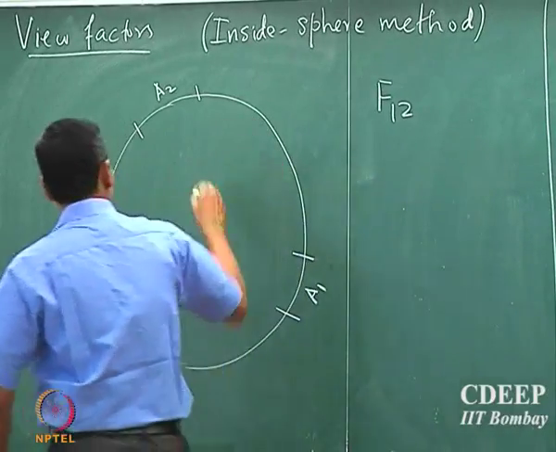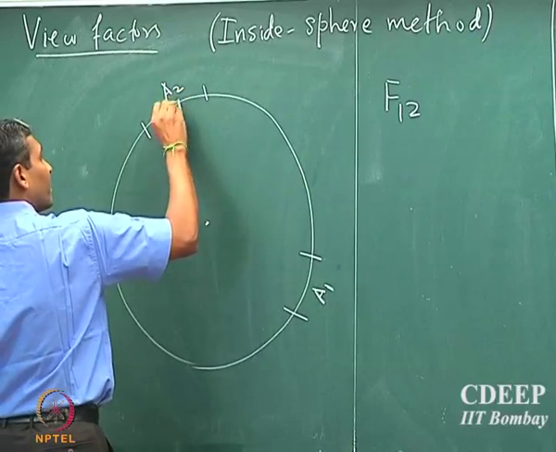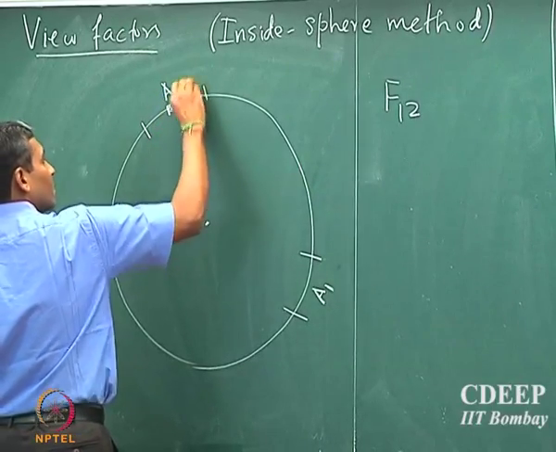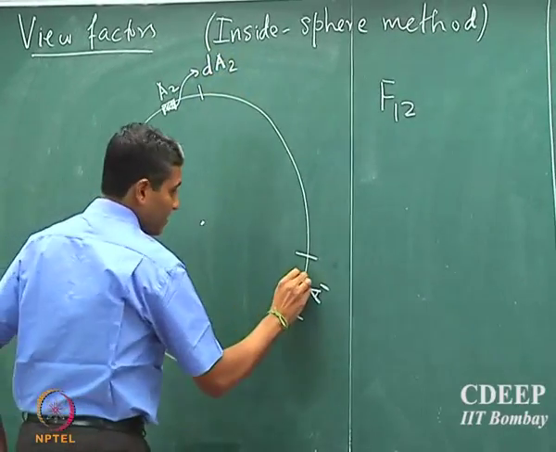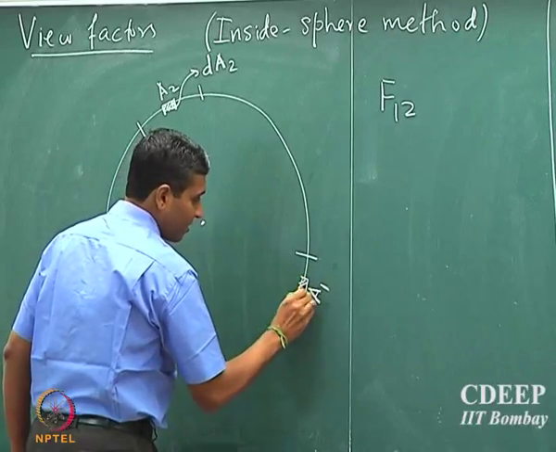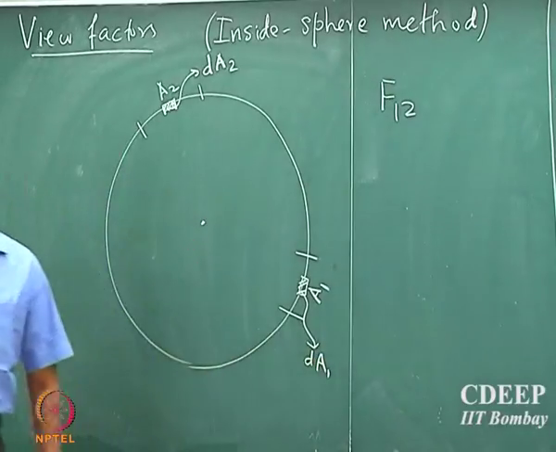Alright, so let's say that this is the center of the sphere, and if I assume a differential element here, so this is dA2 and this differential element is dA1. Okay.